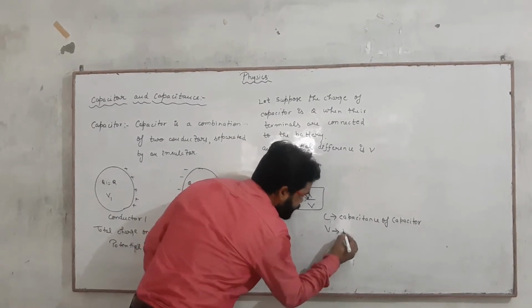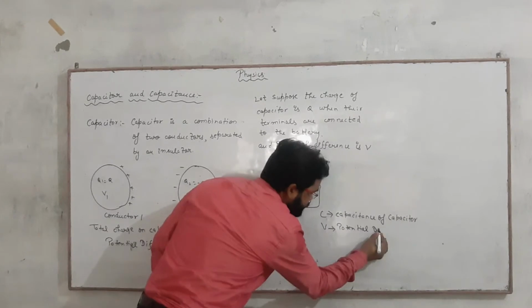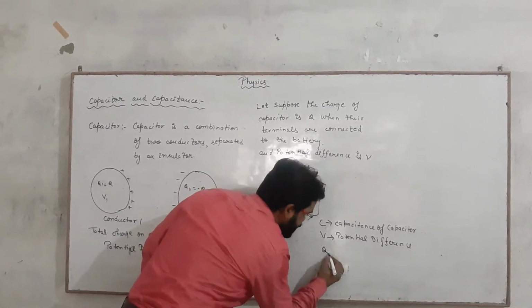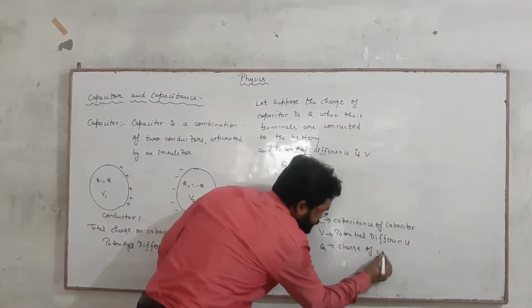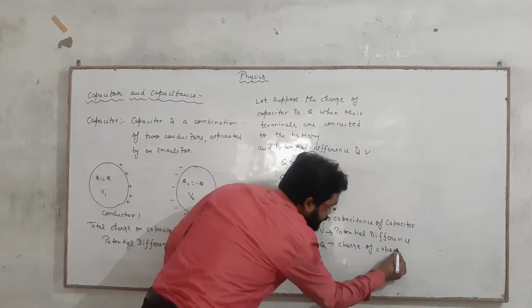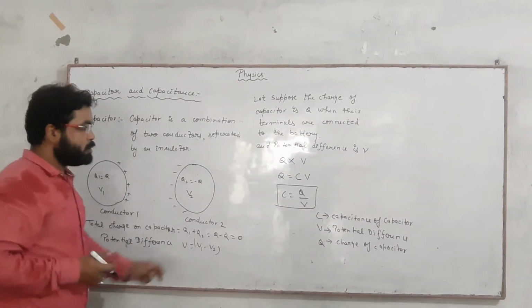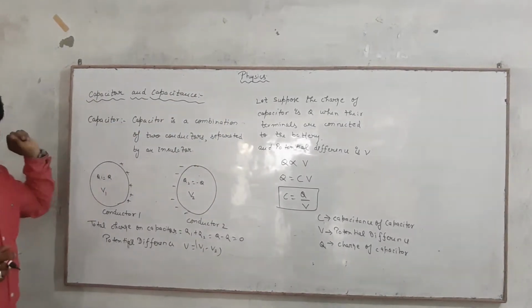V is the potential difference and Q is the charge of the capacitor, or we can say the charge of conductor 1. So this is the formula for the capacitance of a capacitor.